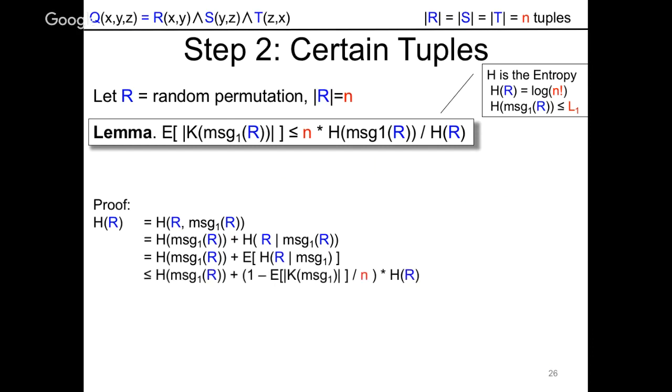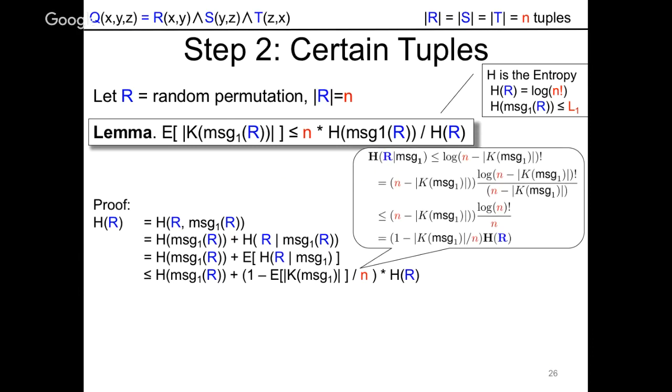Once we have frozen this message, a message M1, if we happen to learn many tuples, if we are certain about many tuples in the input relation, there are very few permutations left that have exactly these tuples. And this is the essence of this next inequality. The proof is over here.